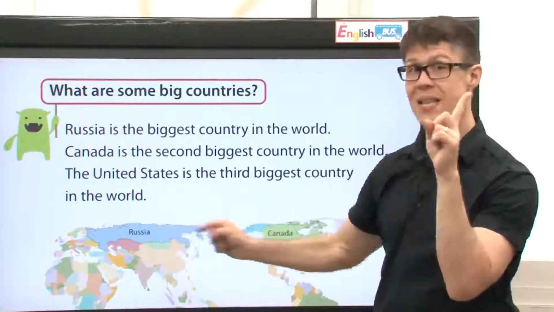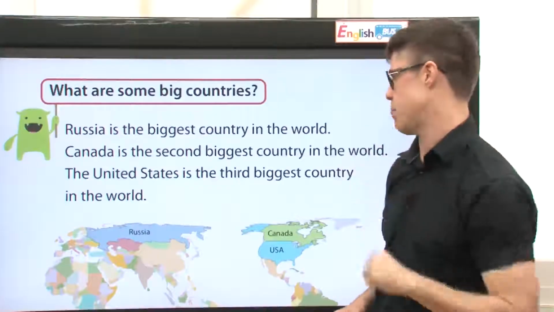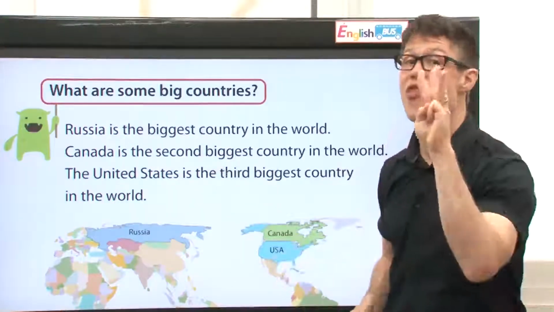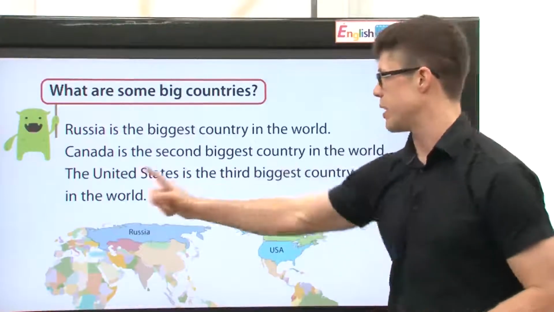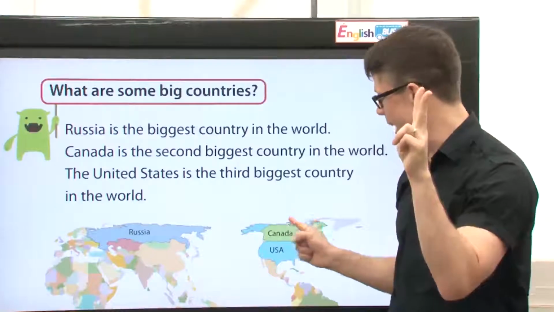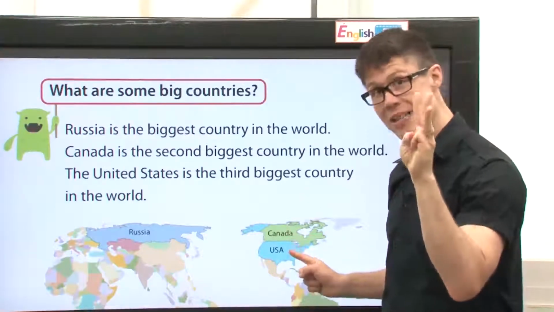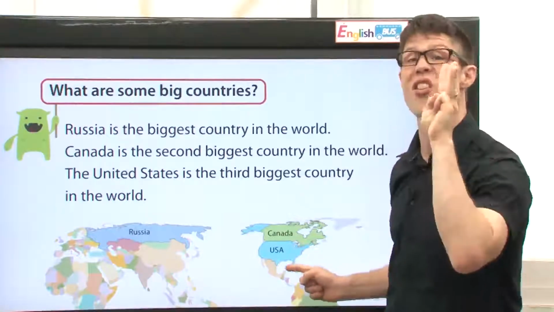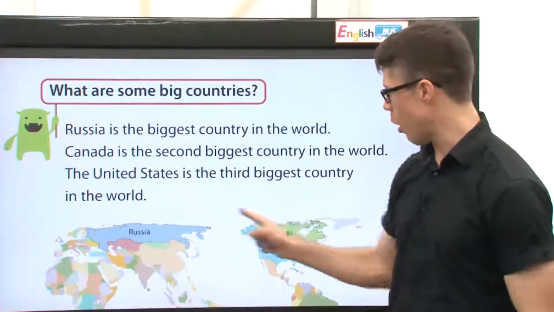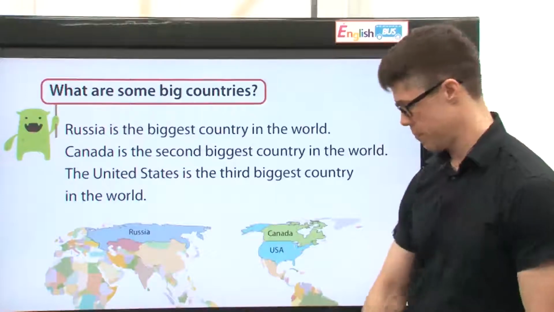Russia is the biggest. Canada is the second biggest. The United States is the third biggest country in the world. Canada is bigger than USA. They are all very big.